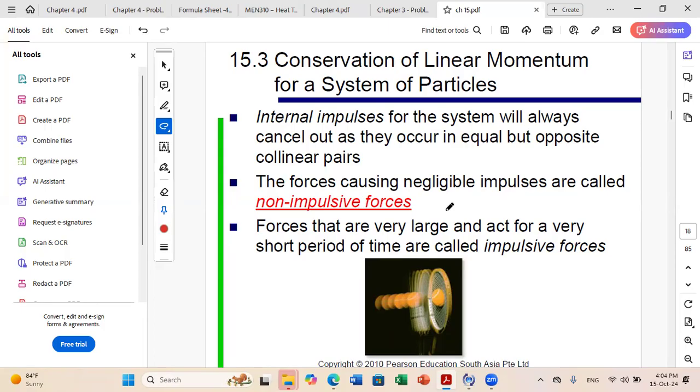But all other external forces like weight and normal, which are not related to the impulsive force, become non-impulsive because the time of application is really small and the force is not very large, so the impulse is nearly zero. We can neglect their impulse. Forces that are very large and act for a very short period of time are called impulsive forces, while if the time is short and forces are not very high, they are called non-impulsive forces.